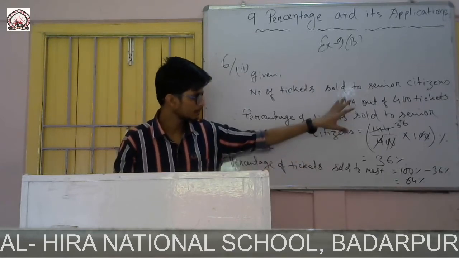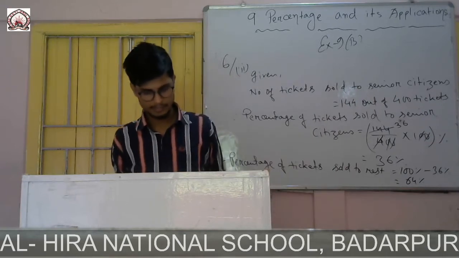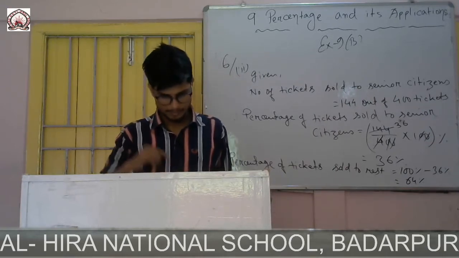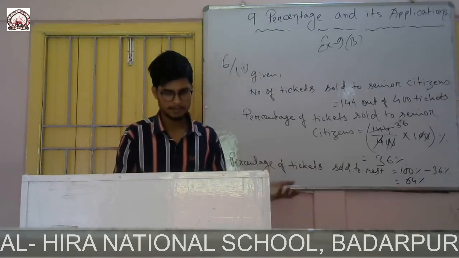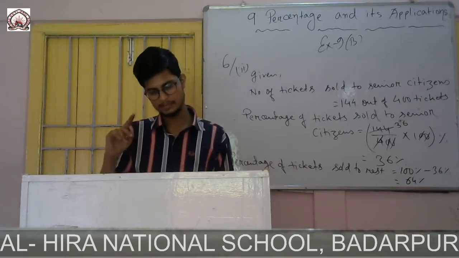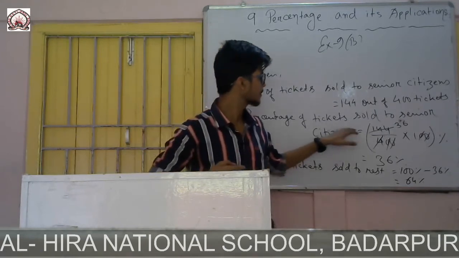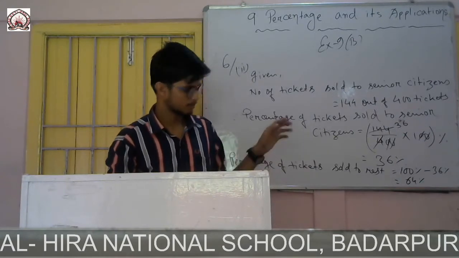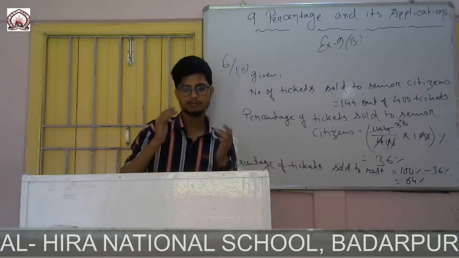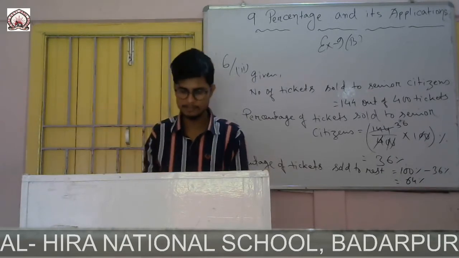Then you write: percentage of the day spent equals that mixed fraction divided by the total, which is 24 hours, and you multiply it by 100. You will get the percentage.